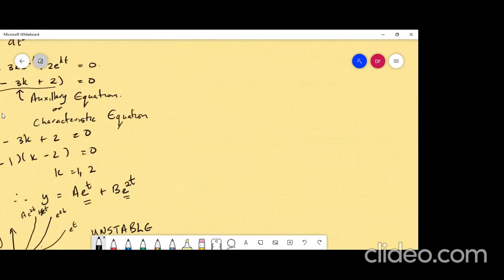So now I want to look at d2y dt squared plus 3 dy by dt plus 2y equals 0. So we can jump out of the shenanigans that I did before and just go straight to the auxiliary equation.